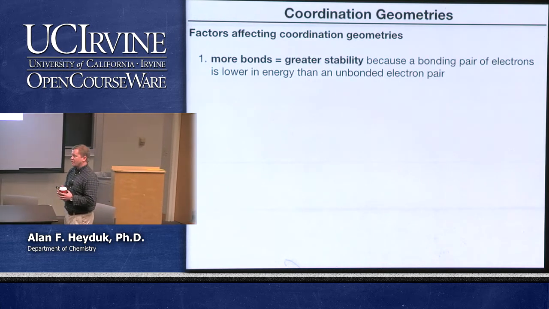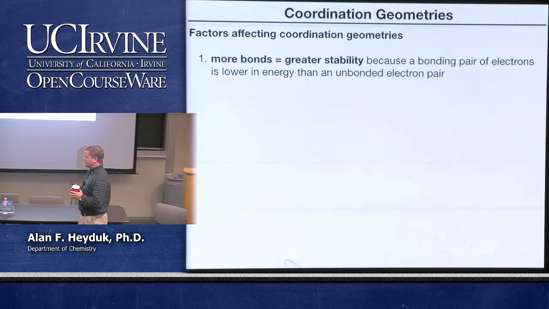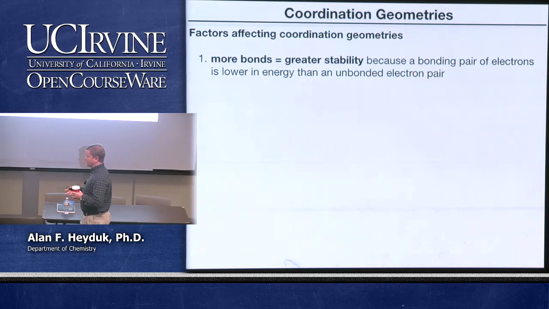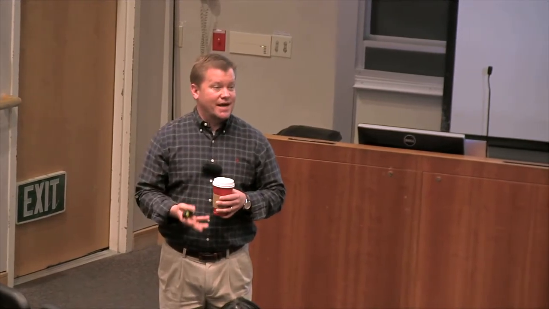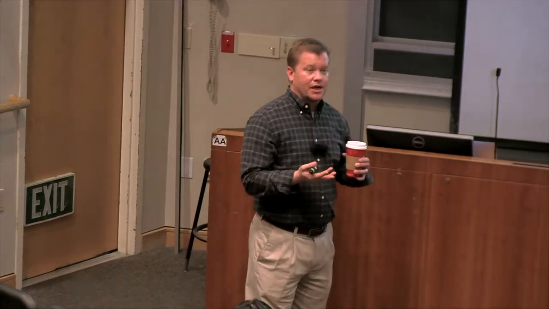But for our purposes, it's important to think about the factors that affect coordination geometries. The first thing to always remember is that more bonds generally is more stable. Metals are Lewis acids, ligands are Lewis bases, and so the more times you bring a Lewis base up to a Lewis acid, the more you stabilize it.